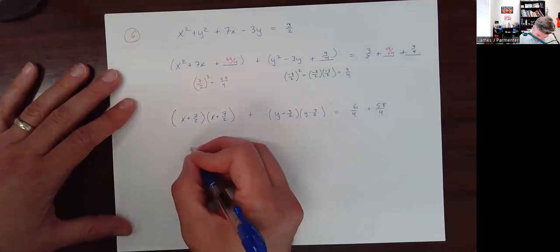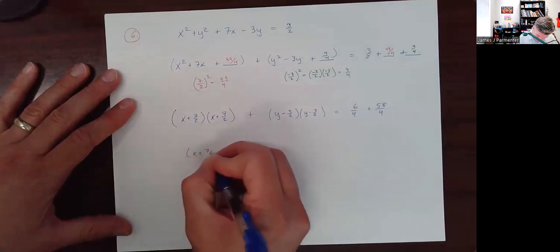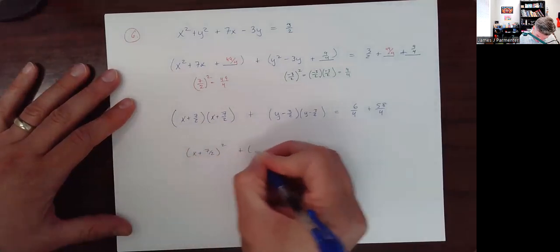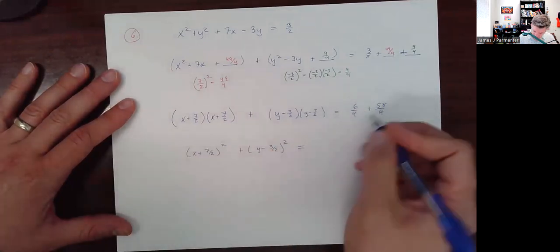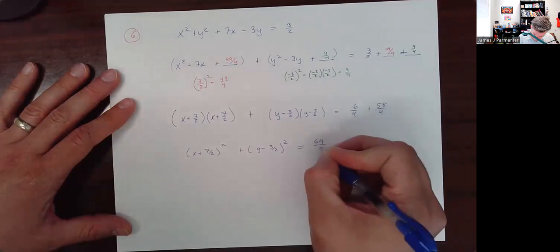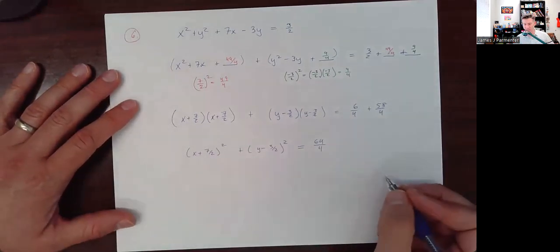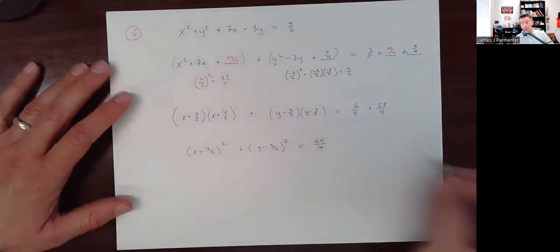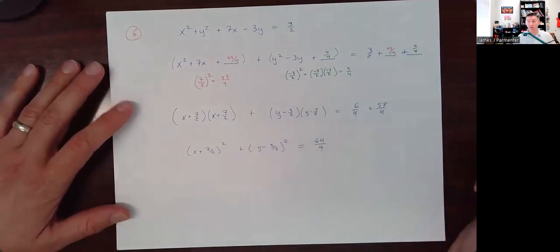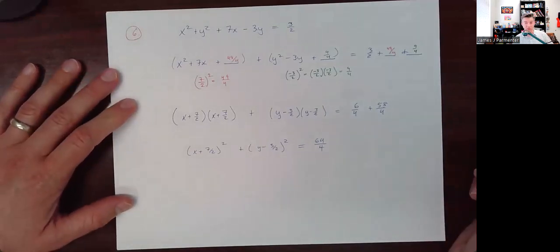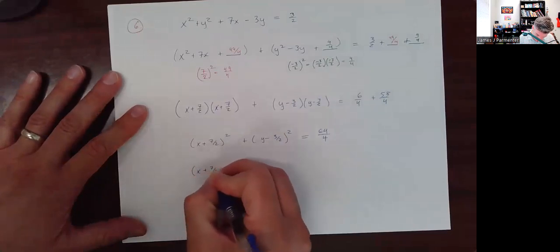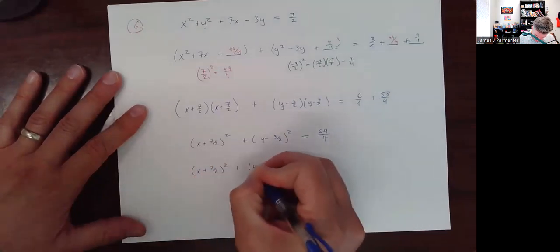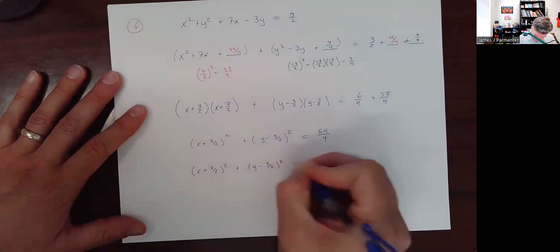So I'm going to write this as x plus 7 halves squared plus y minus 3 halves quantity squared. 6 plus 58 is 64 divided by 4. Dividing by 4 is never my favorite, but dividing by 2 twice is not terrible. 64 divided by 2 is 32. 32 divided by 2 is 16. So I should rewrite this as x plus 7 halves squared plus y minus 3 halves squared equal to 16.